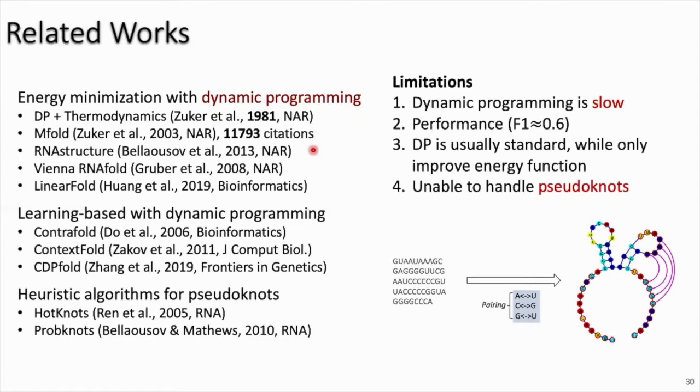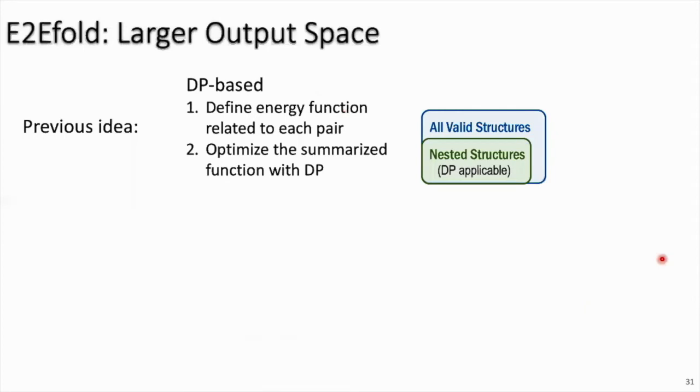So they will only consider how to improve the energy function without considering how to improve the problem formulation as well as the overall algorithm design. And finally, the DP-based methods are unable to handle some hard secondary structures, such as pseudoknots, where there's a jump regarding the pairing. So in other words, the output space of the DP-based methods is smaller than the real structures because they can't handle some hard secondary structures.